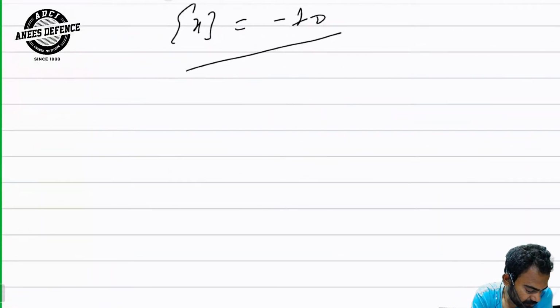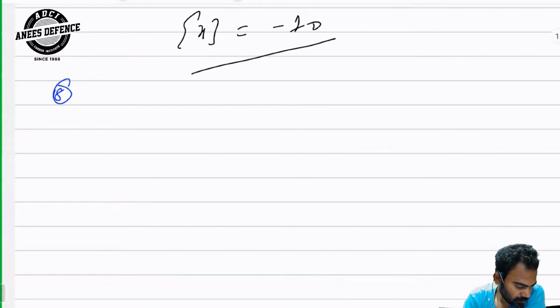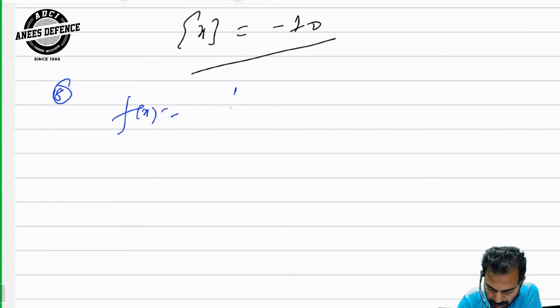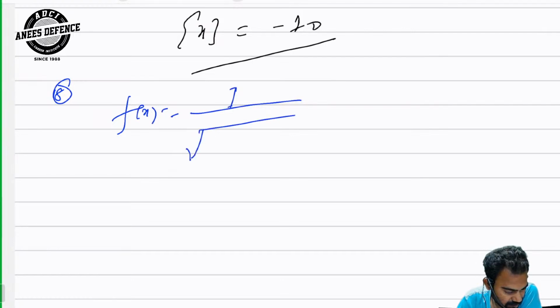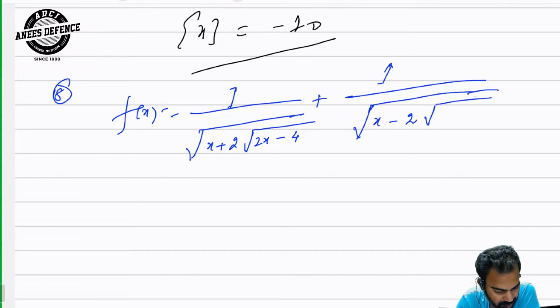Now the question number 18. If f of x equals 1 upon under root x plus 2 under root 2x minus 4 plus 1 upon under root x minus 2 times under root 2x plus 4.